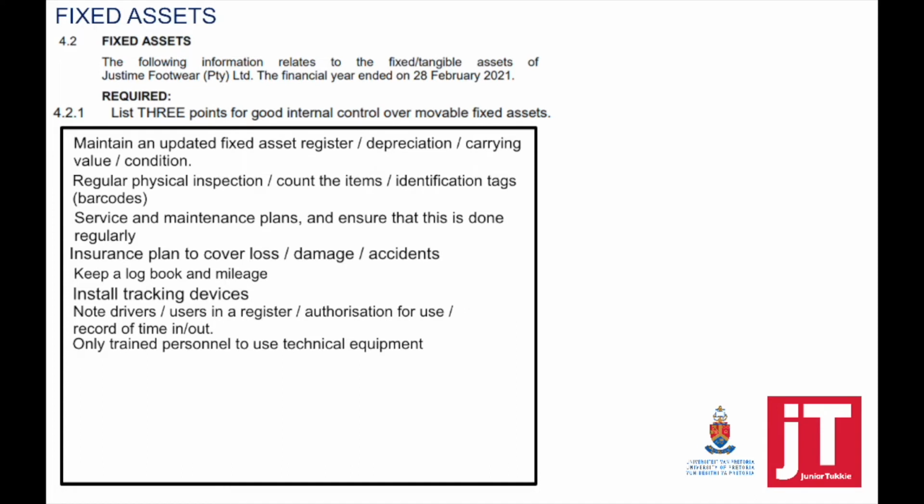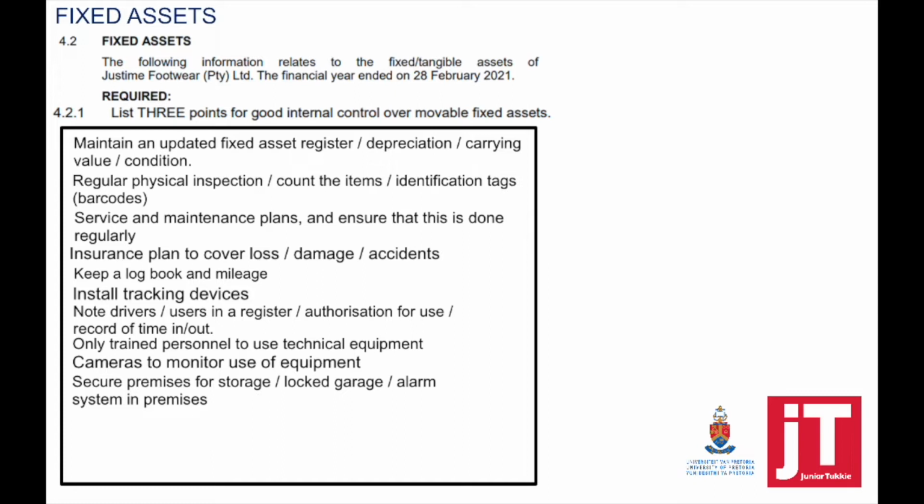You cannot have employees who are not trained to use specific equipment. Cameras to monitor the use of equipment. Secure premises for storage, locked garage or alarm system in premises. Roadworthy. So these are all good internal controls that you can have over your movable fixed assets.